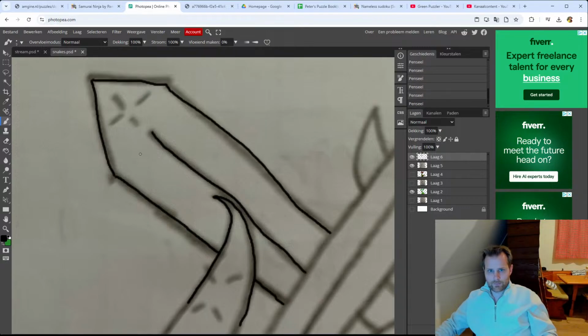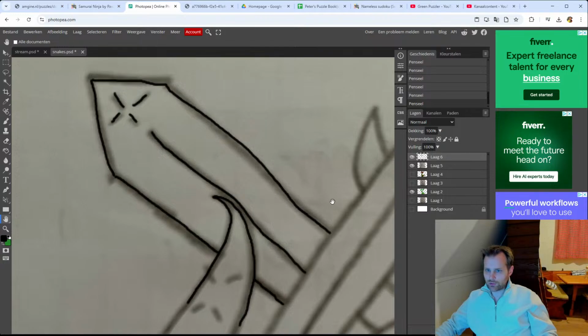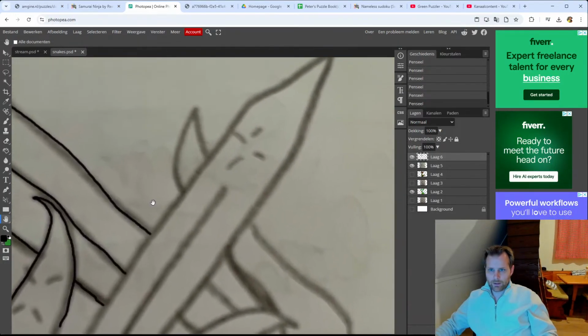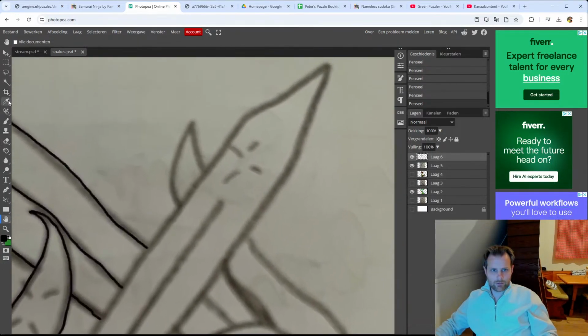Yeah, like that. So this doesn't have to be exact, but basically I draw something on paper and now I'm recreating it digitally.